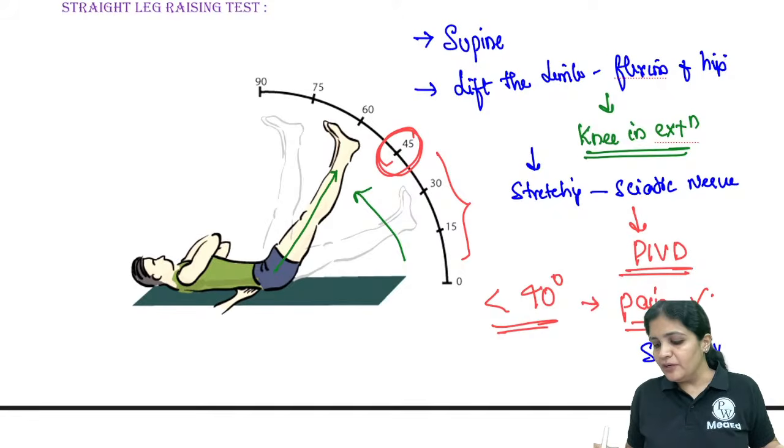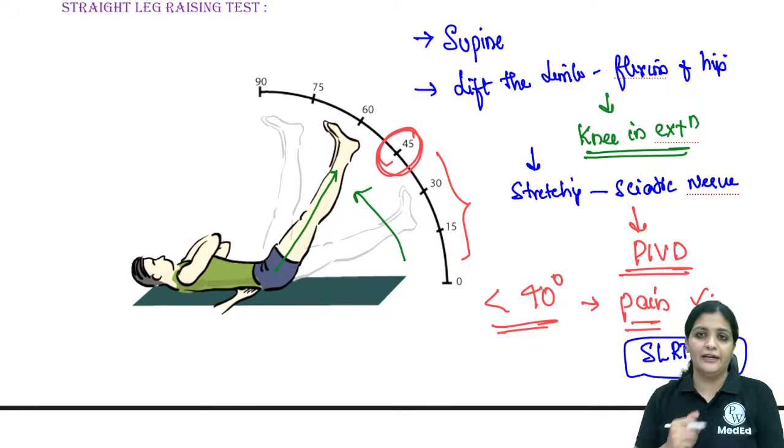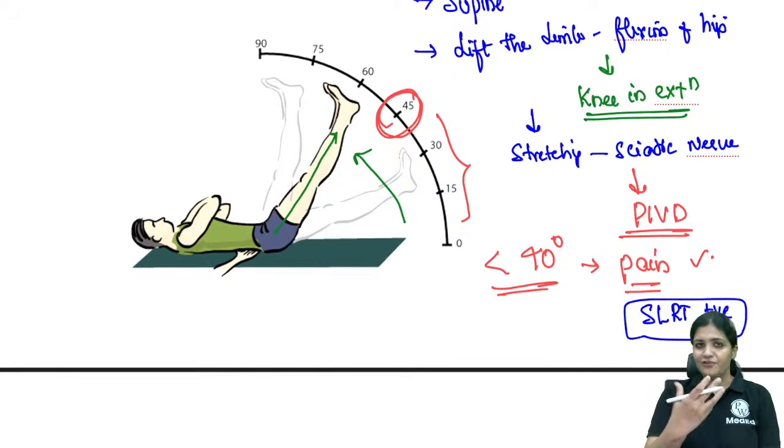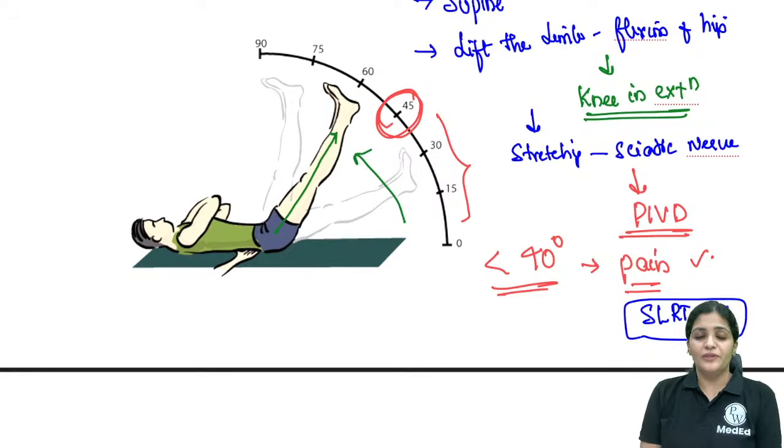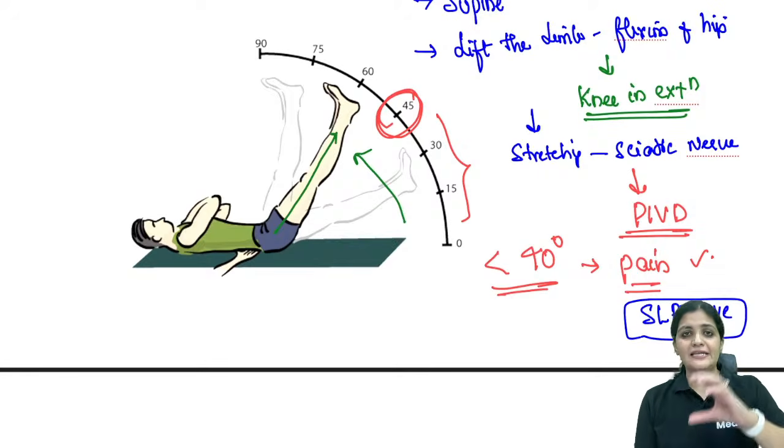Okay, so whenever you examine a back pain, this is the first most important test your seniors or your professors want you to do. So you're going to do this SLRT, straight leg raising test. So straight leg means it is the knee in extension. So now you're going to raise the limb.